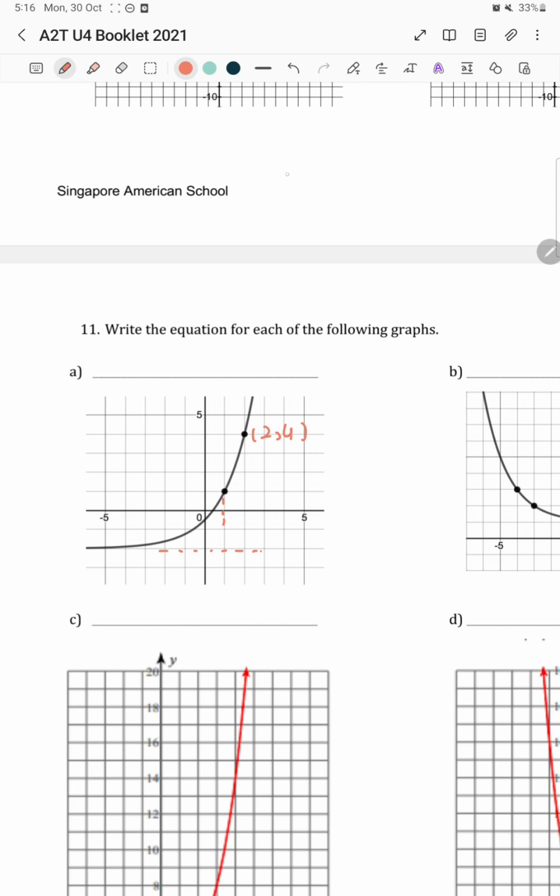I'm writing the actual equation over here. Y is equal to a times b to the power x minus h, plus k.